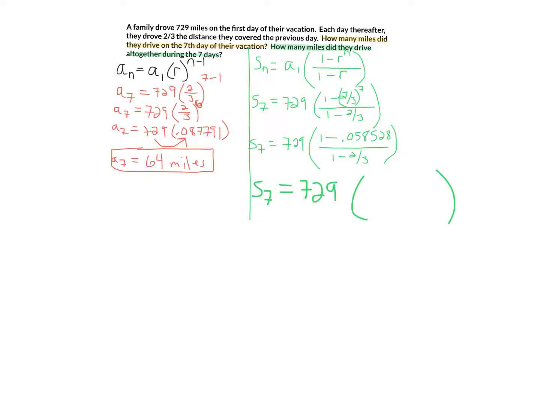So on your calculator, you can do 1 minus the previous answer, 0.0585528. I get 0.941472 divided by 1 minus 2/3.